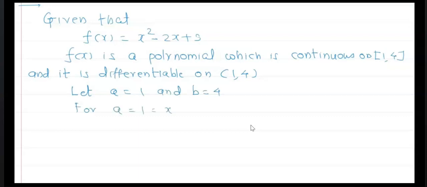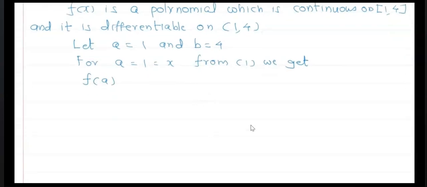For a equal to 1, that is x equal to 1, we get f of a is equal to f of 1, and its value comes to 2.